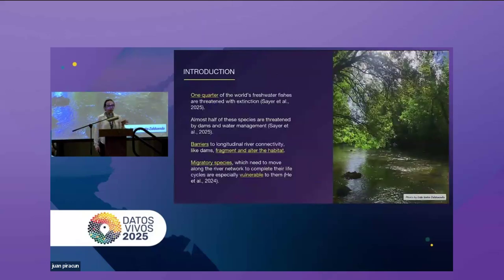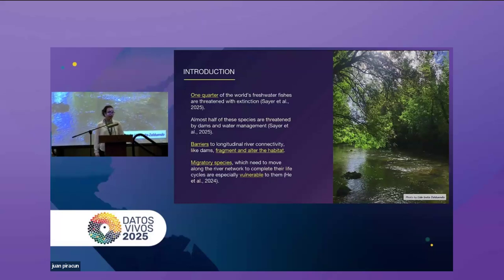For a bit of context first, as previous speakers already highlighted, a quarter of the world's freshwater fish species are threatened with extinction, and among these, almost half are threatened by dams and water management. Man-made barriers like these dams affect riverine fauna by altering the river habitat and physically blocking the movement of species upstream and downstream the river.